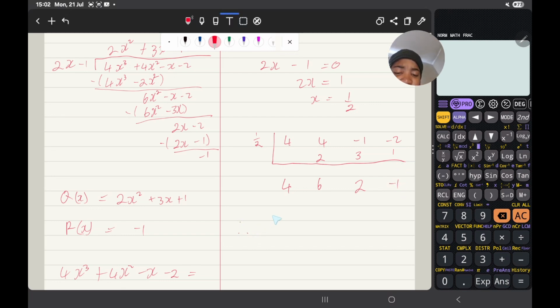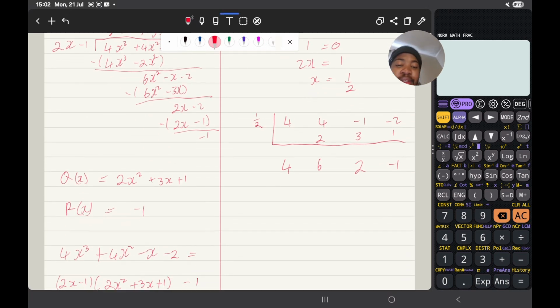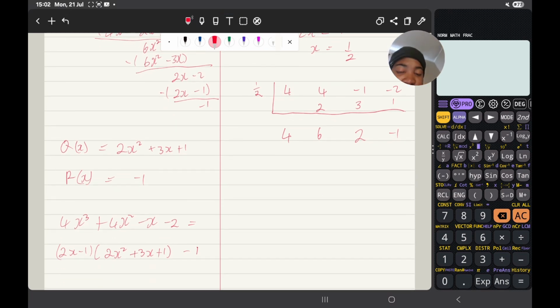Therefore, if ever our divisor has a coefficient of x, say cx minus d equals 0, then c x equals d, so x equals d over c, right?